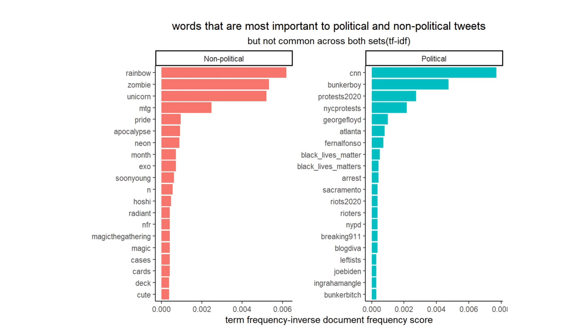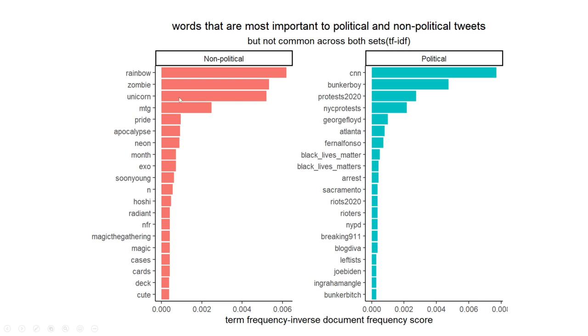Another way to explore this data set is by looking at the term frequency inverse document frequency scores, or TF-IDF for short. I'm not going to go into the math behind this, but in layman's terms, these are the words that are most important to the political or non-political tweets, but also that are not common across both of the sets.